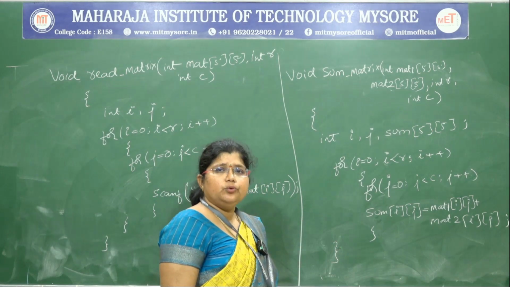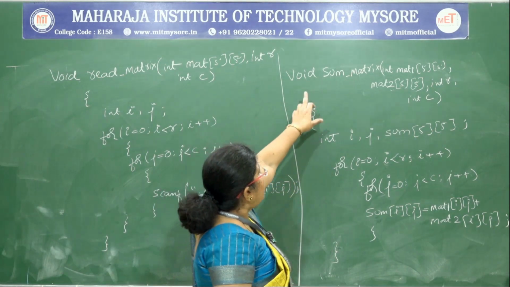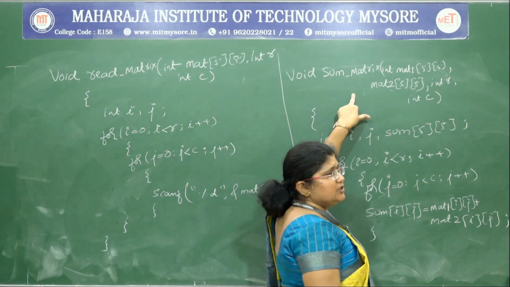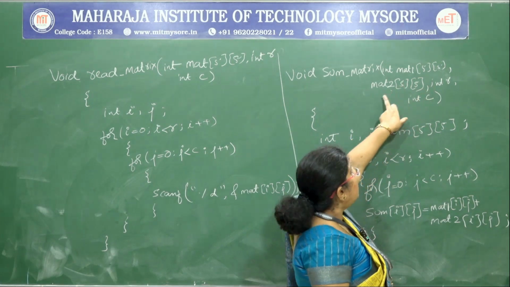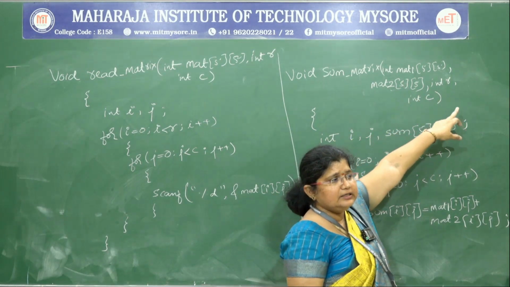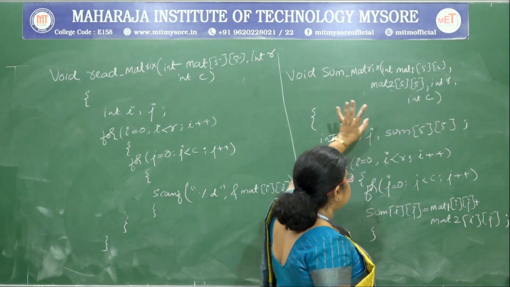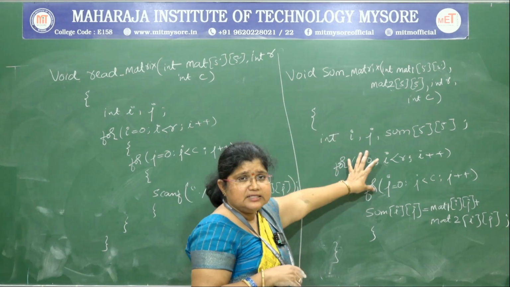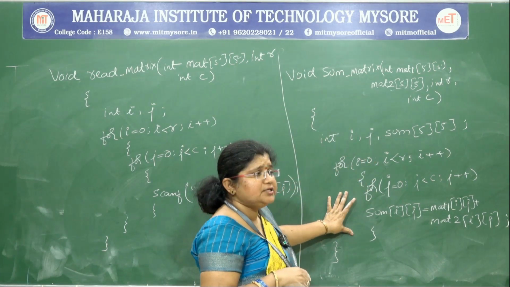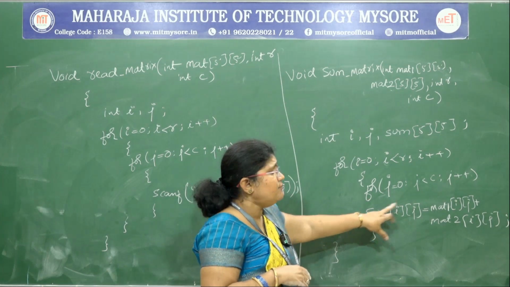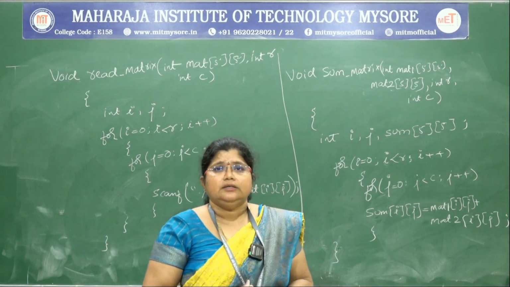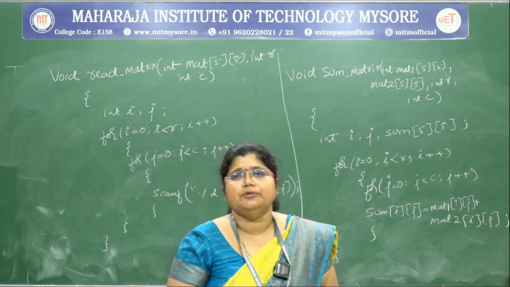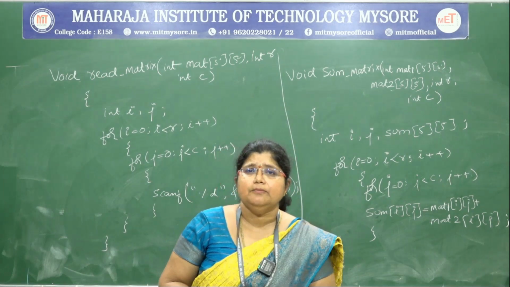This is the sum of two matrices. Void sum matrix is a function. In this function, the arguments present here are mat1 and mat2 and int r, that is row size, and column size. Now, the same values are going to be passed here. After passing the parameters, the summation takes place, the sum of two matrices. That is all about passing the entire two-dimensional array as a parameter.